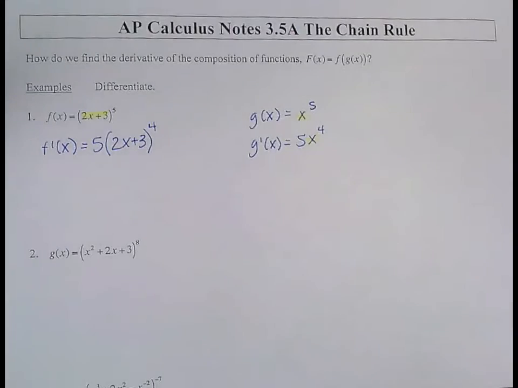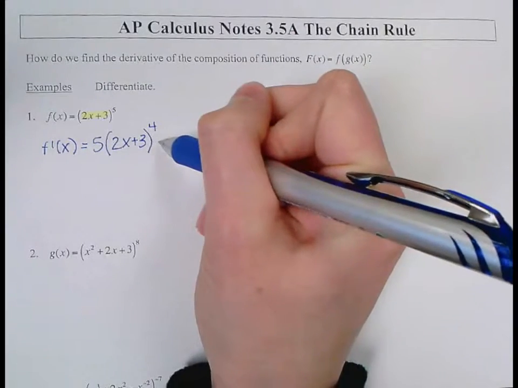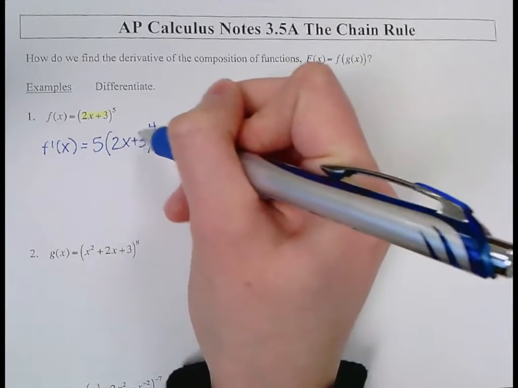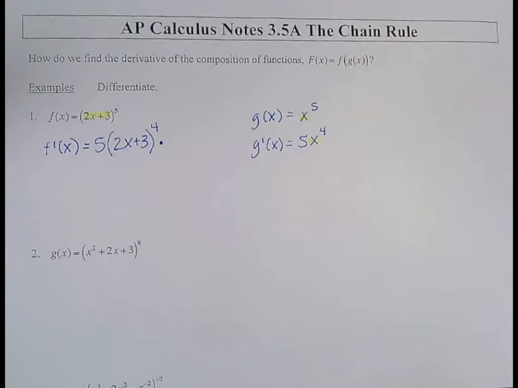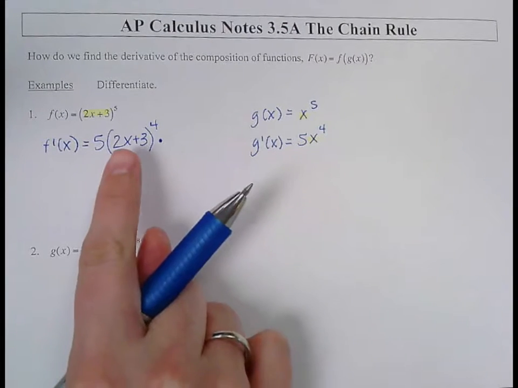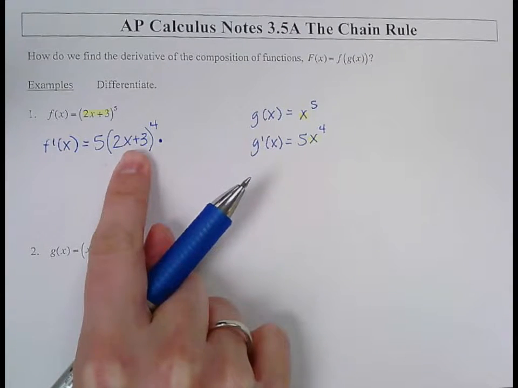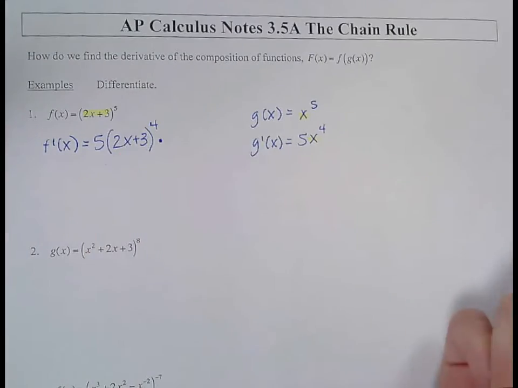However, because it's a composite function, we also need to then find the derivative of the inside function and multiply the derivative of the outside by the derivative of the inside. So we multiply this by the derivative of 2x plus 3, which is 2.